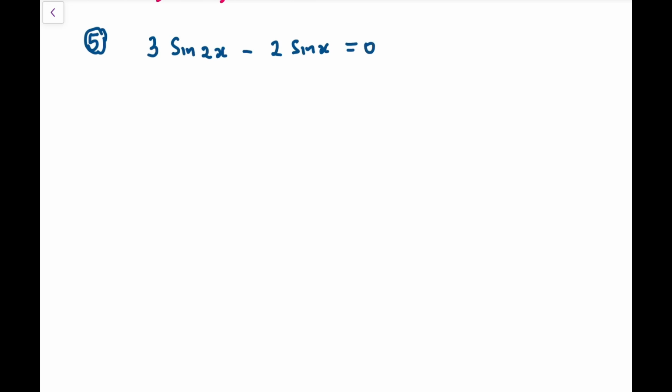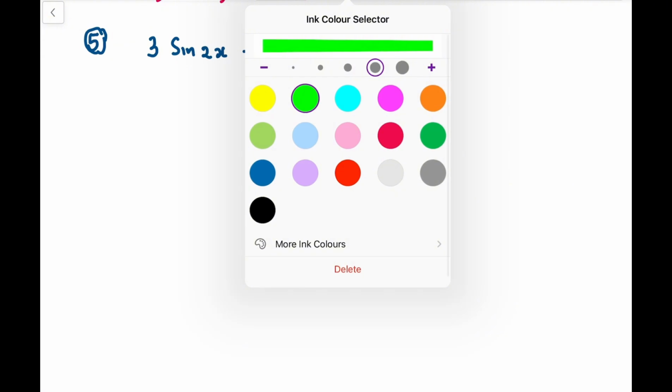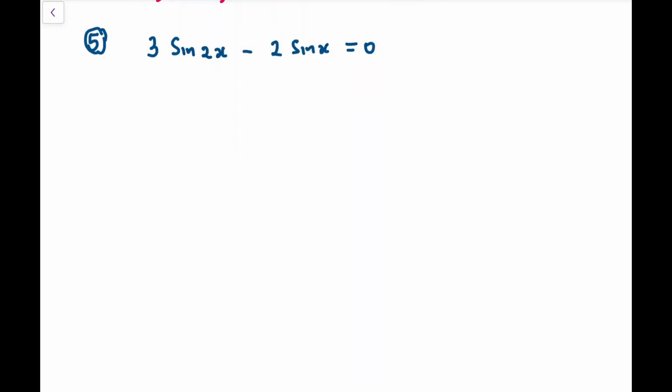Now here we have a double angle. You will notice that we have a double angle, but this one is not a double angle, so we need to change this double angle.